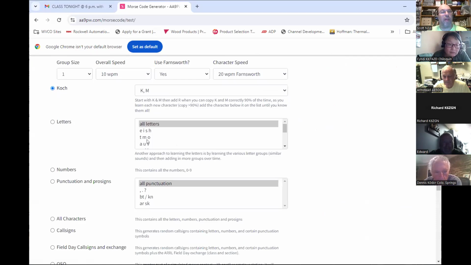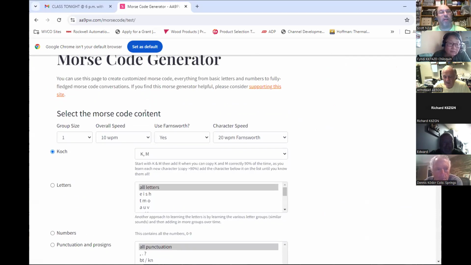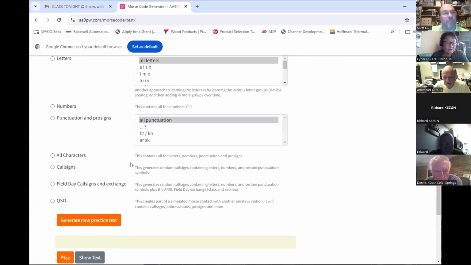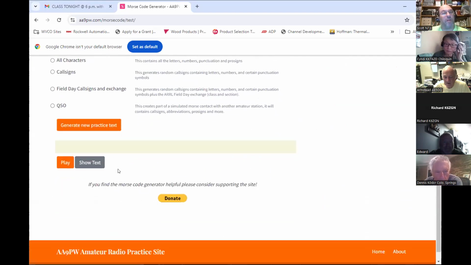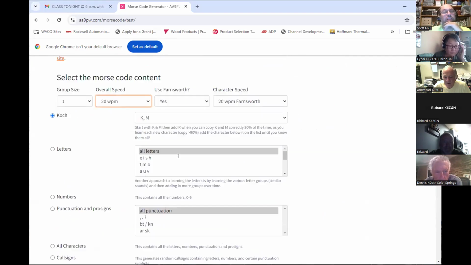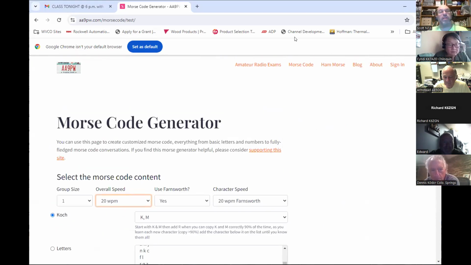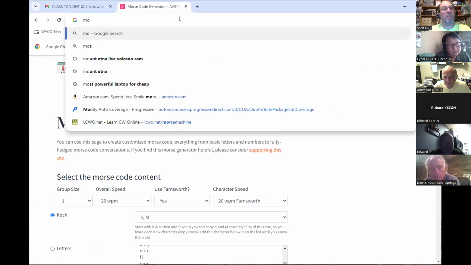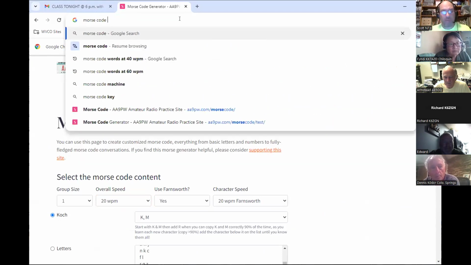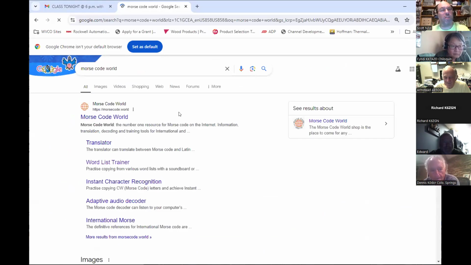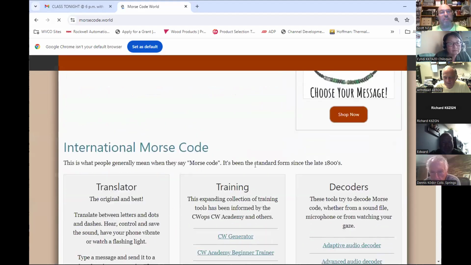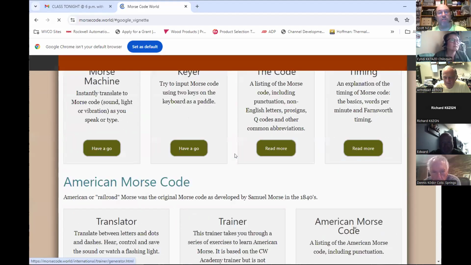I think one of the things that we had maybe was QSO, and there's at least one of these sites that will generate. Hold on. Is it Morse code world? Here, yeah. This is another one that I'd use. Here's a CW generator.